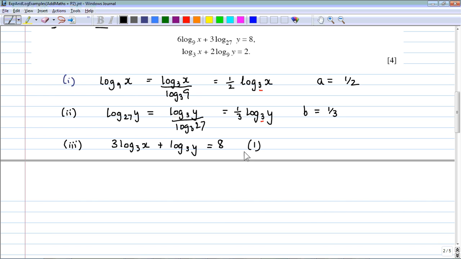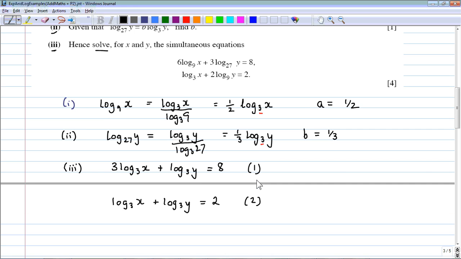That's my first equation. My second equation is log base 3 of x. Now log base 9 of y is 1/2 log base 3 of y, so I've got plus log base 3 of y, equals 2. That's my second equation.